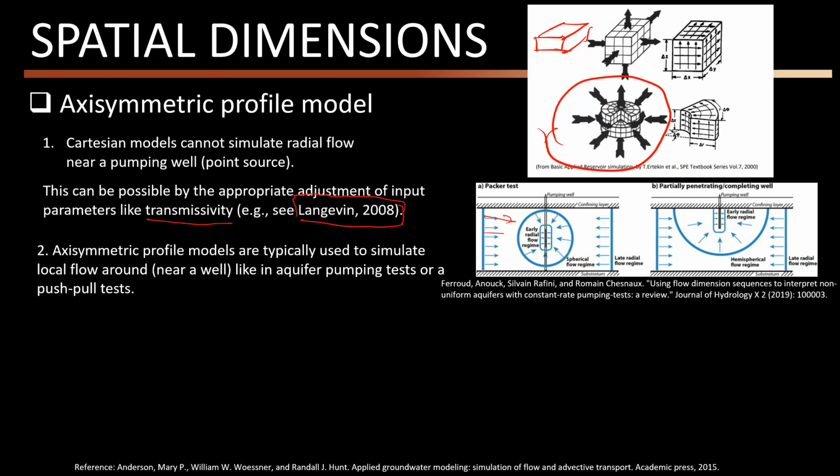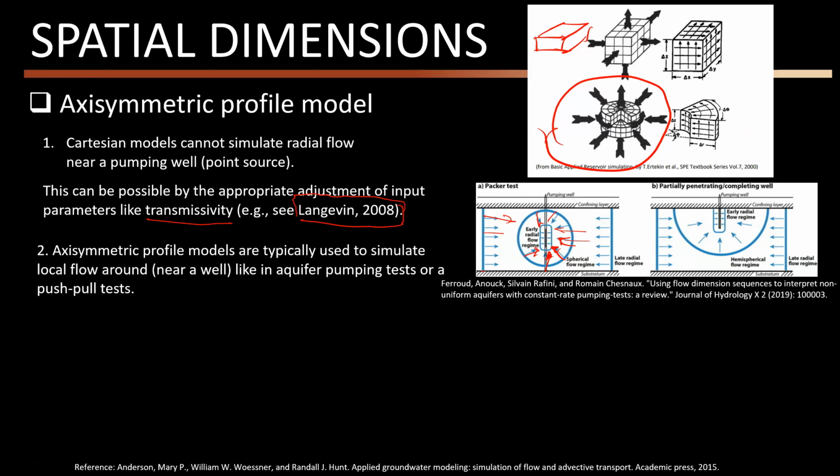But at points closer to the well, you see that the water gets in not only from these sides, but also from the top and bottom of that point. So now we have the radial streamlines like this, very similarly like this.